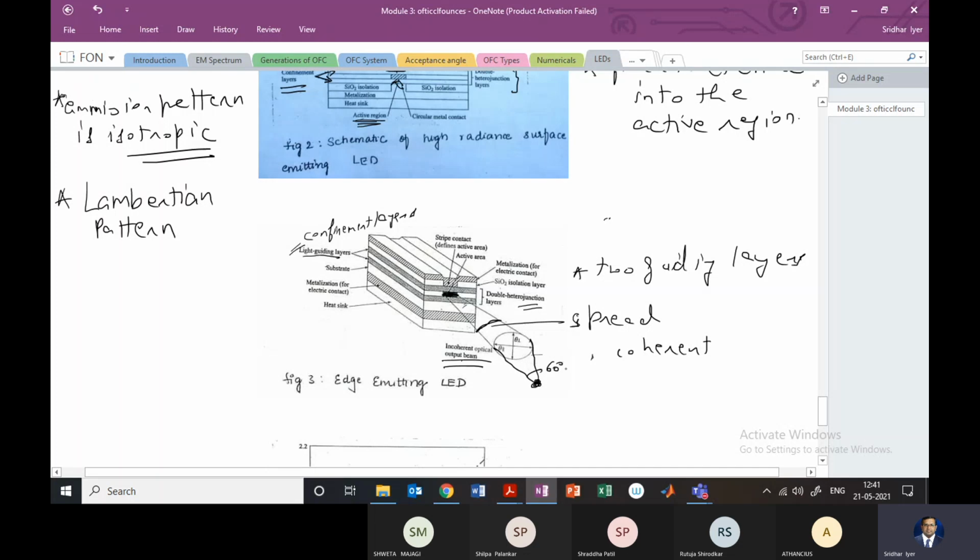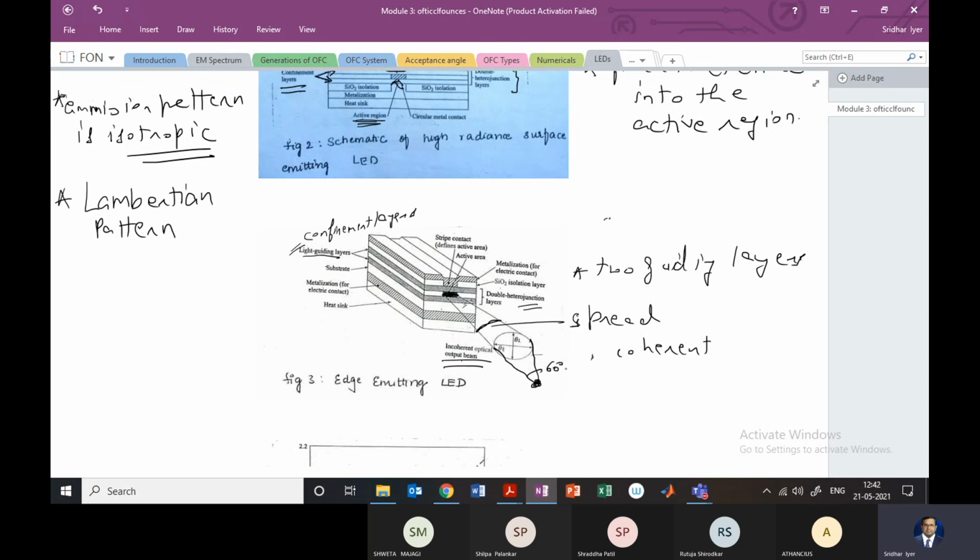The previous diagram we saw from the side view, and this diagram of the edge emitting LED we are seeing from the front view. There are other aspects to the diagram also, like a heat sink, metal electric contacts. These are all done in the making of the edge emitting LED.